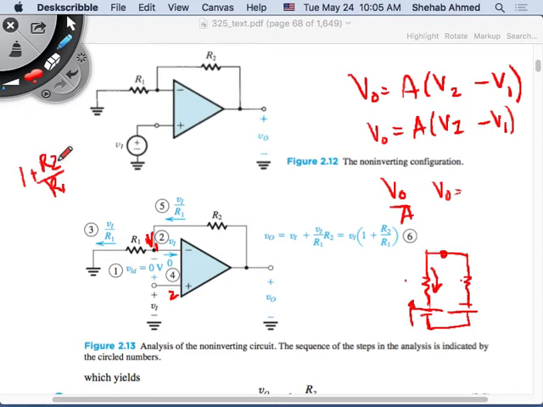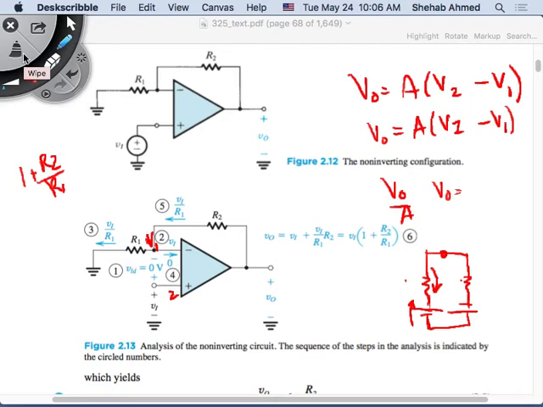If I make R2 large, then there is more impedance to current flow in this circuit. Then what do I need to do? I need to make this output voltage larger to be able to drive it. So assume that this is like a large source. We always assume that this is very large. Yeah, so that assumption is okay. It's fine in most cases.